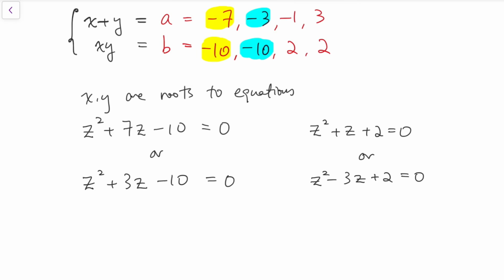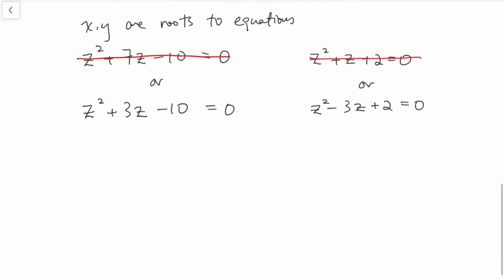You may notice that there are no integer roots for this equation and this equation. So we can remove them and just solve the remaining two.